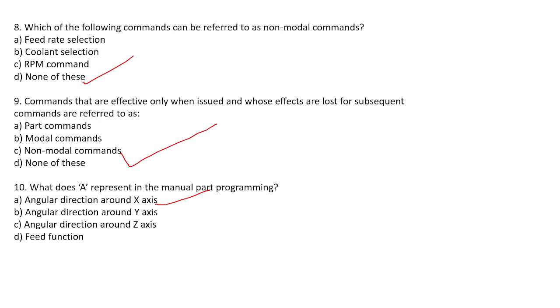The G17 command is basically used to set the XY plane as the plane of movement, so subsequent tool movements are in that XY plane. So basically the G code controls the machine tool's movement. It's known as the preparatory function.